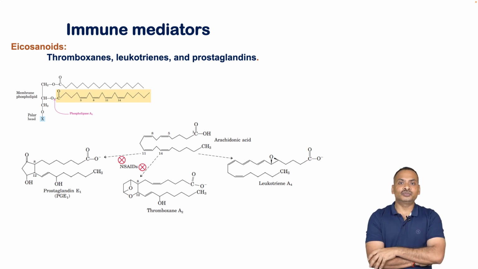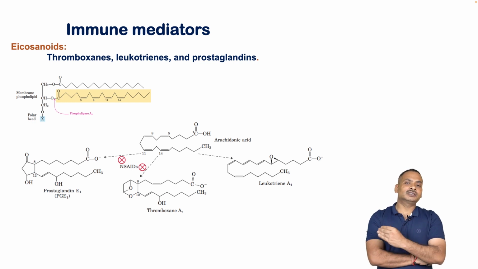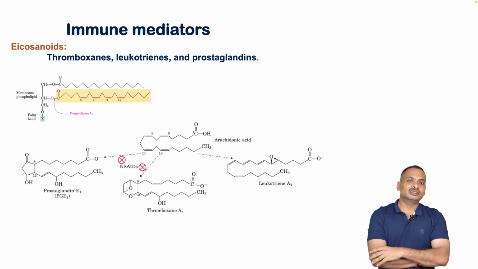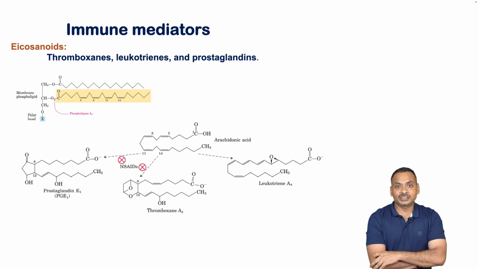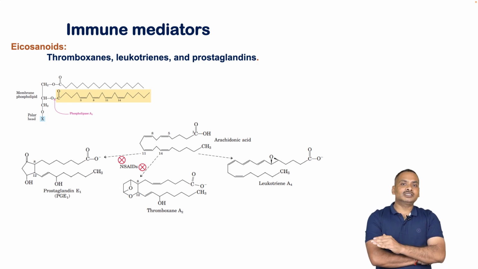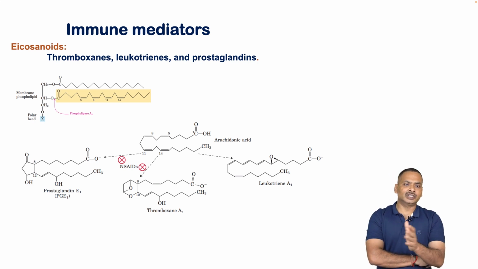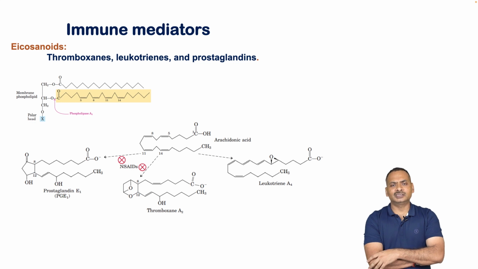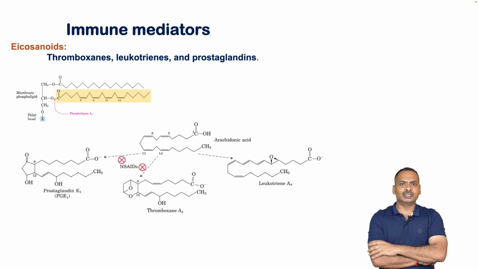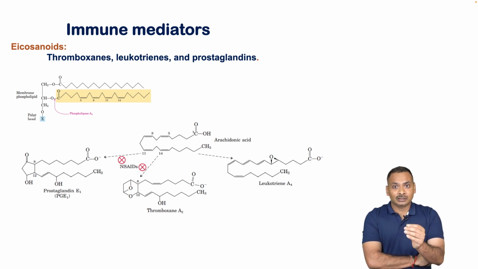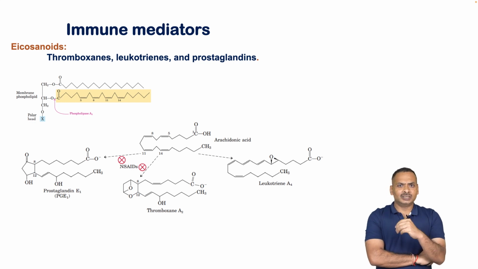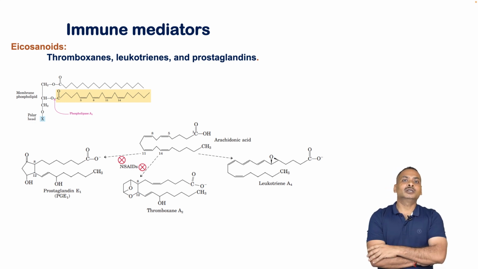Another example is ibuprofen. This molecule basically inhibits the enzymes called cyclooxygenases. These cyclooxygenases synthesize prostaglandin, thromboxane or leukotriene, and there are several kinds of cyclooxygenase, and then these molecules are synthesized. So, now you can understand that the drugs which we commonly use act on lipid mediators which induce inflammation.